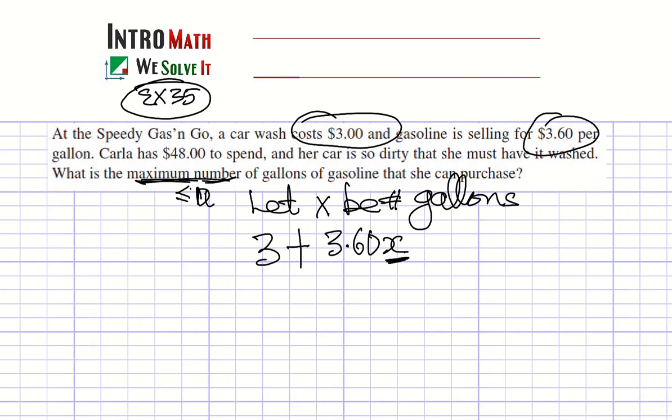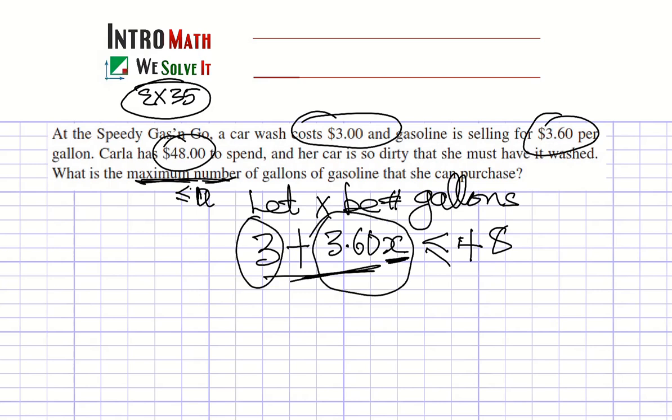So this is what she can spend, because she has $48. She spends $3 on the car wash, then buys gasoline, where x is the number of gallons. Added together, it can be $48, but it can't be more. So it's less than or equal to 48. It's a little confusing.